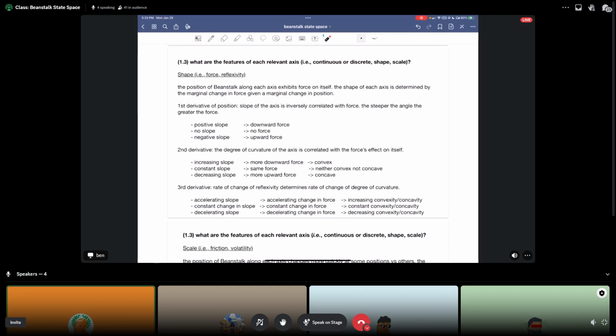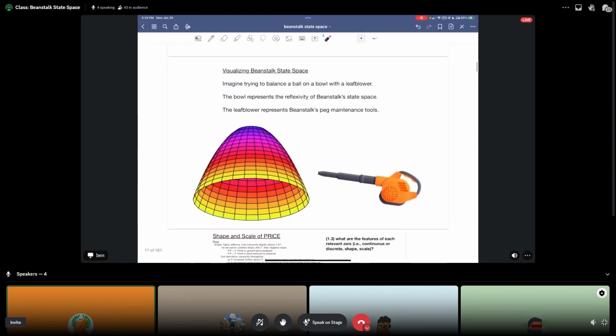So, just in the case of price, for example, when Beanstalk is at a price that is higher than V, higher than its value peg, there is upward pressure on Beanstalk in terms of price. And the higher that the price goes, the more upward pressure that Beanstalk experiences. And so that is reflexive. That is called reflexivity.